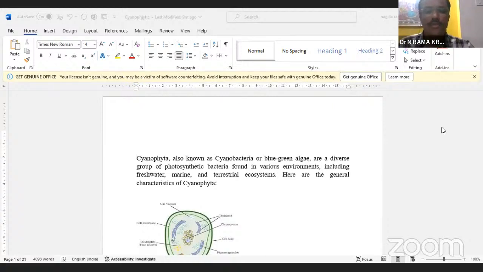Today we are going to discuss cyanophytic algae. See here, cyanophyte is a blue-green algae that occurs in freshwater and marine environments. What is the distribution or habit of cyanophytic algae?